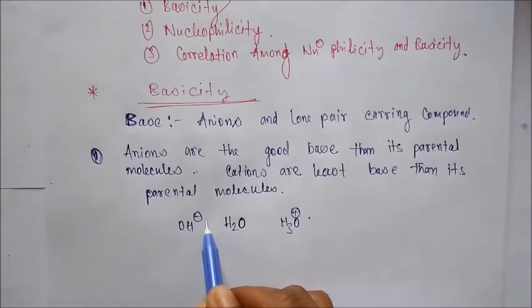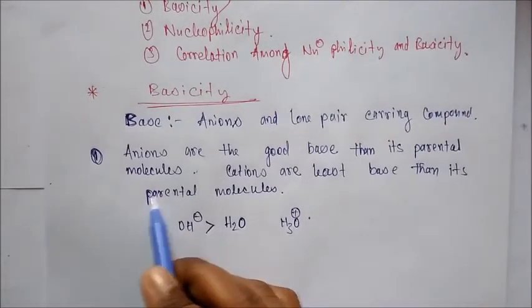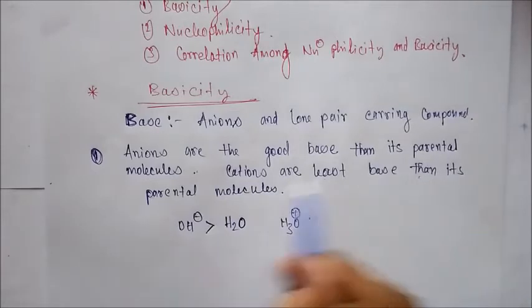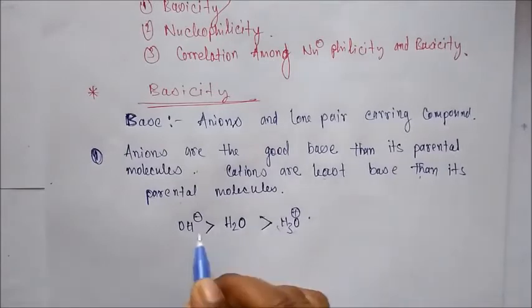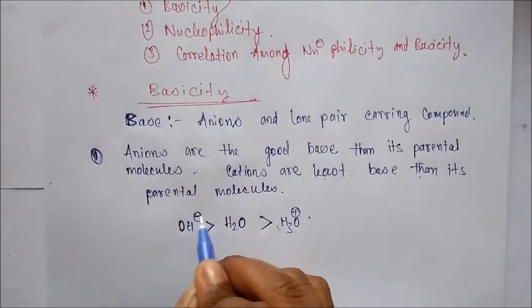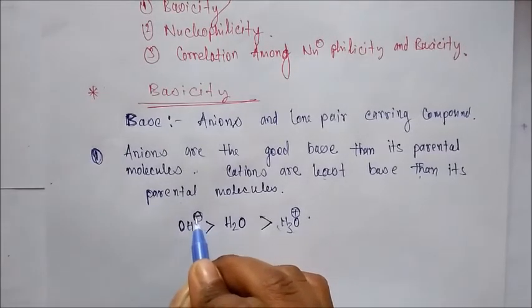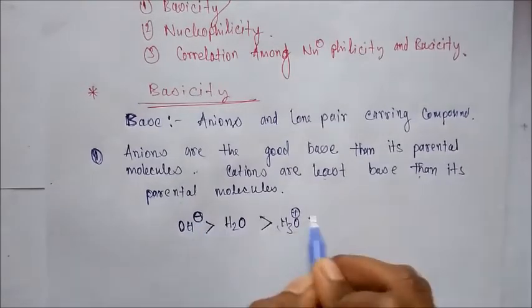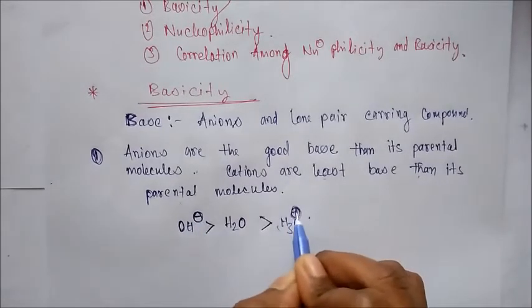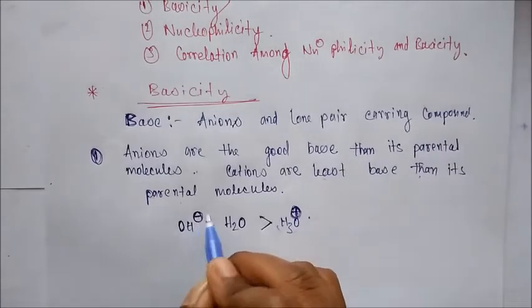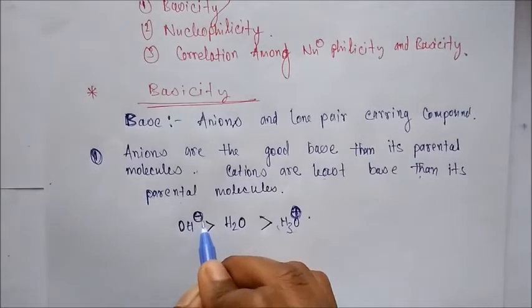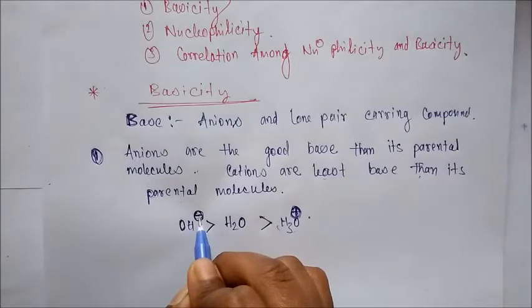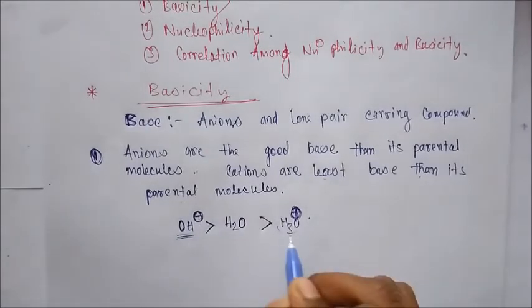So OH minus is the good base then H2O, and cations are the least base, then parental molecule. So cations are the least base. This has the lone pair density, this has charge density, this is deficient in electron, this is rich in electron. So this has the richer electron density, so it can provide to others. So this is more basic than this one.